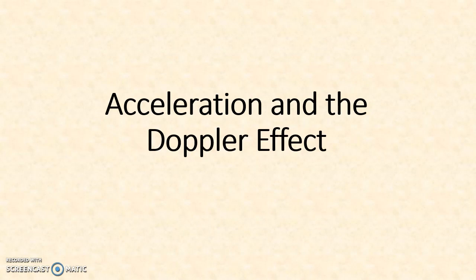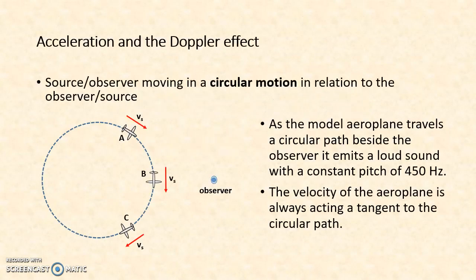When we talk about acceleration, there are two types of acceleration that we might be expected to know about. The first one is circular motion. In this case, we have a source, a toy aeroplane, moving around a circular path, and its velocity is acting tangent to the circular path and is constantly changing.